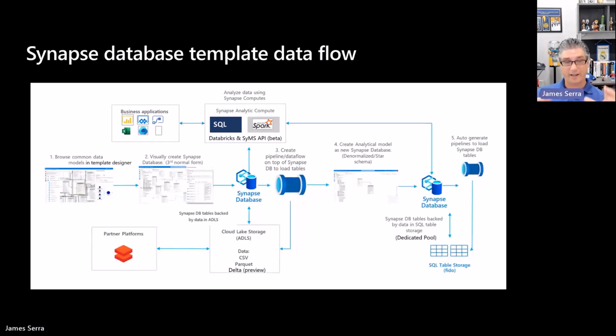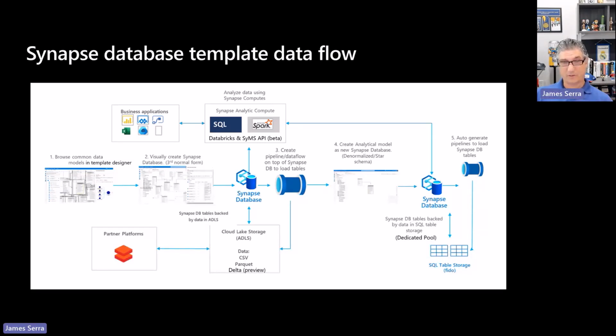And in the end, you'll have this customized model that's in third normal form that is landing in Data Lake Store Gen 2. It could either be in CSV, Parquet, or in preview is Delta format. And I would suggest Delta format because that's where Microsoft is standardizing and everything, especially within Fabric.